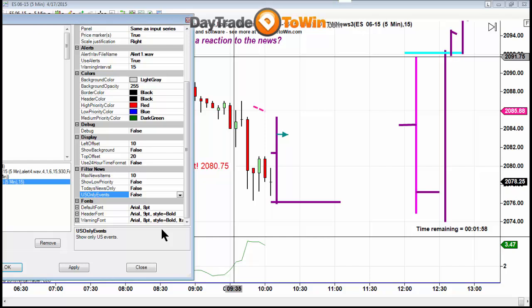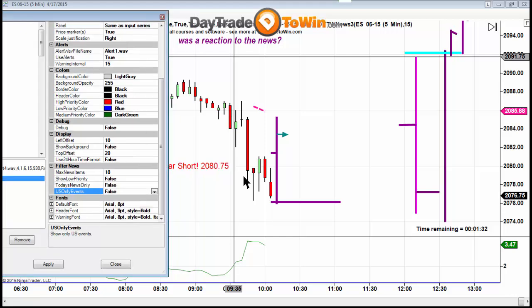The rules don't change, because if there's a reaction based on that news event that's specific to the New Zealand dollar or the Australian dollar or the British pound, whatever the case may be, you're going to see a reaction. And if the reaction does not follow through and it reverses off of the initial reaction, you have that opportunity to go long or short based off of proof, 2 candles closing above or below in a reverse.